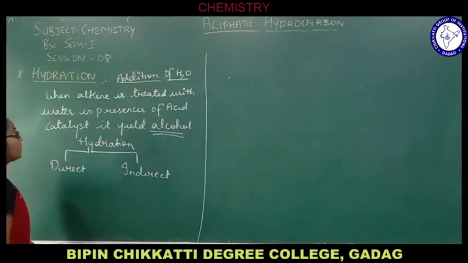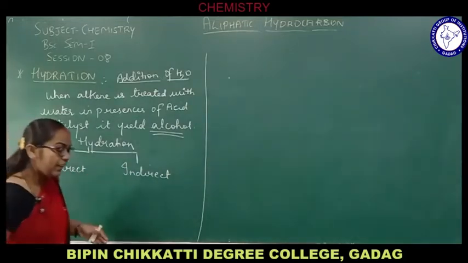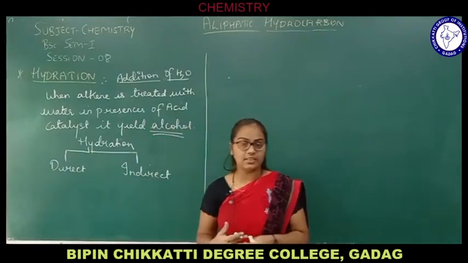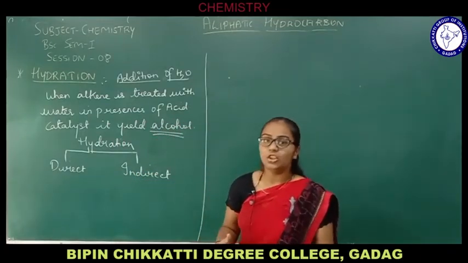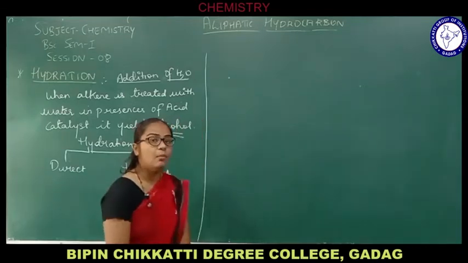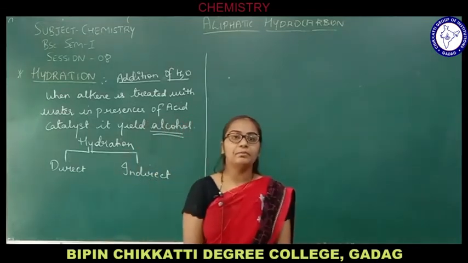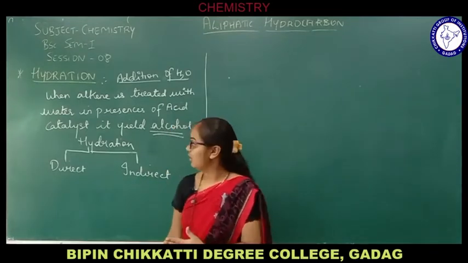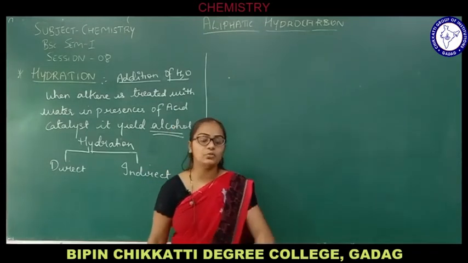So these are the two ways wherein water gets added to the alkene to form an alcohol, right? First let's emphasize the direct way.